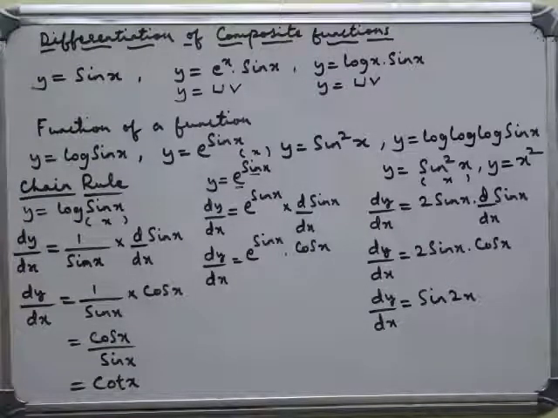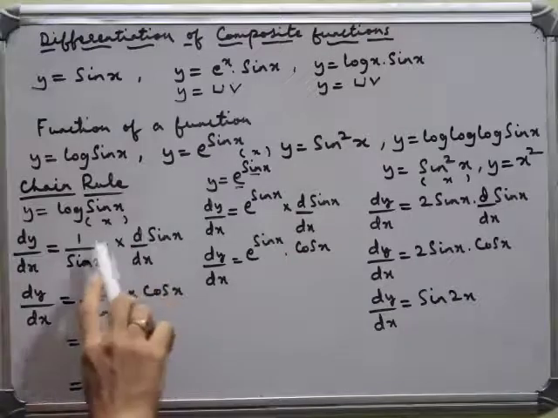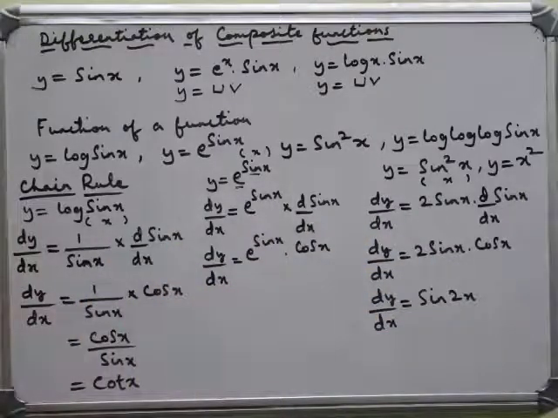This is how we have to find the derivatives of composite functions. Okay. So the concept is very simple. So I have solved the examples and how to identify. One more trick I will tell you: how to identify which is a plain function and which is a composite function.